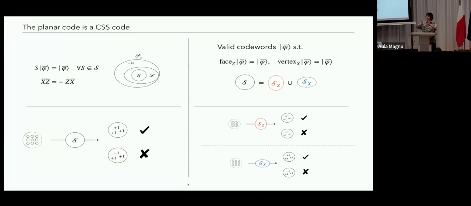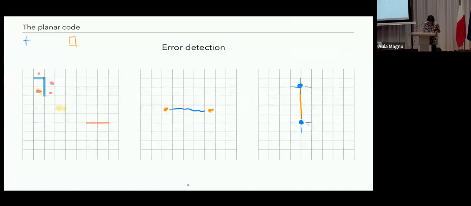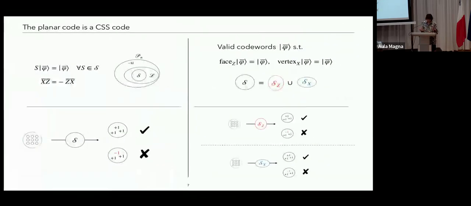So I have these two separate sets that I can measure, and they give me information on errors of the other kind. Because of course, if I have a blue kind of error and I measure the blue kind of operators, they always commute, so I will not have any information on this error with that.